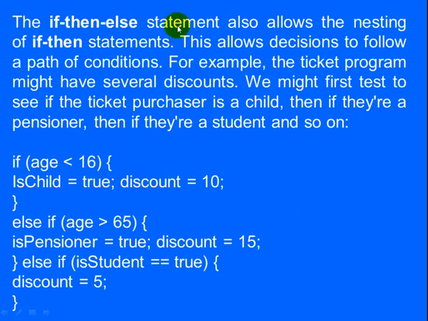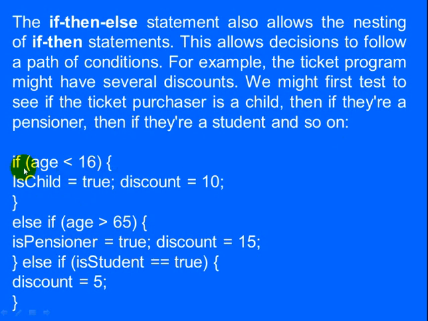The if then else statements also allow the nesting of if then statements. This allows a decision to follow a path of conditions. For example, the ticket program might have several discounts. We might first test to see if the ticket purchaser is a child, then if they are a pensioner, then if they are a student, and so on.